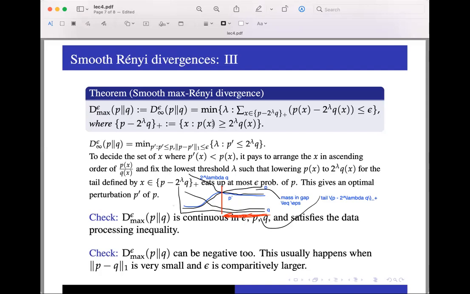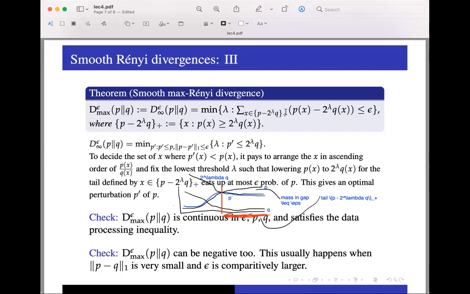It's definitely not going to be the case that for all symbols x, Px is larger than 2 to the lambda times Qx. For some symbols, it's going to be larger. For some, it's going to be smaller. So for all the symbols where it's larger, you collect them together and form this set. This is the definition of the set P minus 2 to the lambda Q, curly braces plus.